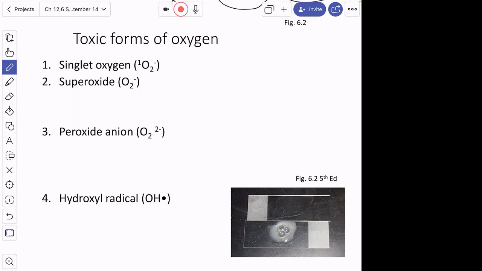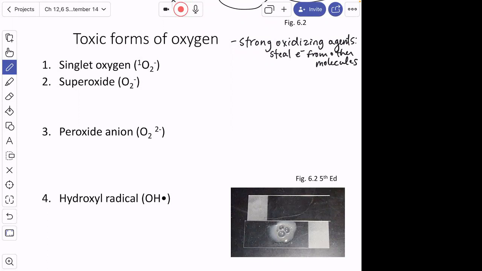If we think about why these forms of oxygen cause damage, it's because they are oxidizing agents, which means they steal electrons from other molecules. They're all strong oxidizing agents. They grab electrons from other molecules, and basically that causes a lot of cellular damage.